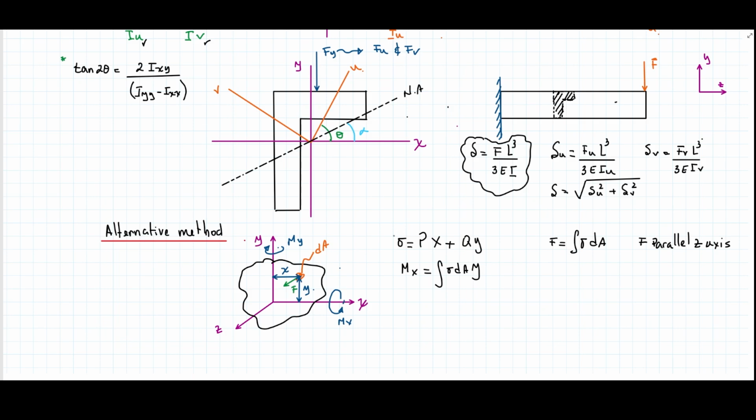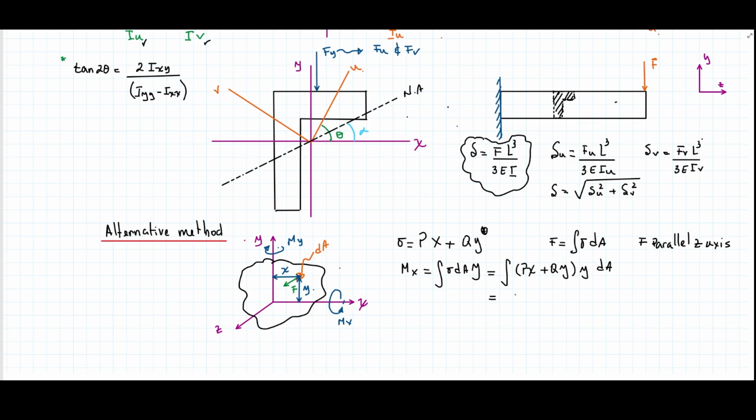But I know that sigma, stress, is defined as a sum of two things. So that means I could put this assumption that I have made into here and say, well, this is going to be equal to what? It's going to be equal to px plus qy times y, the differential of the area.